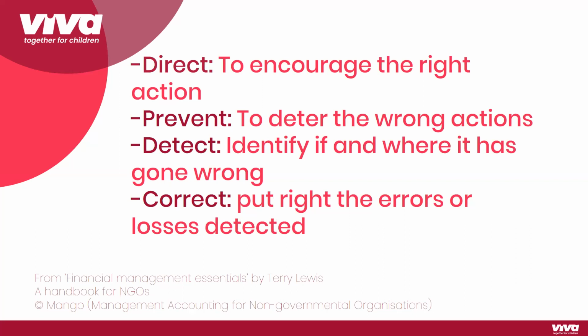And what I would say there is, if we look at that sort of cycle here of direct, prevent, detect, and correct, in that scenario, that might happen in the first instance, and you say, okay, there's no money available, so I have to use these funds which have come in. And as you said, in that scenario, you would then make sure you've made your records accurate afterwards.